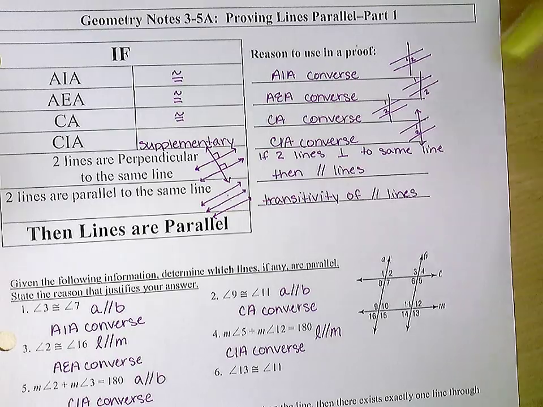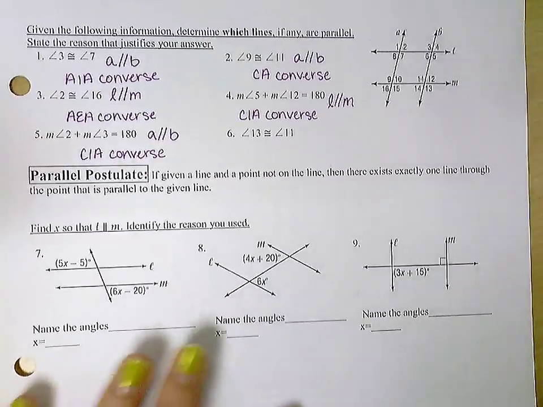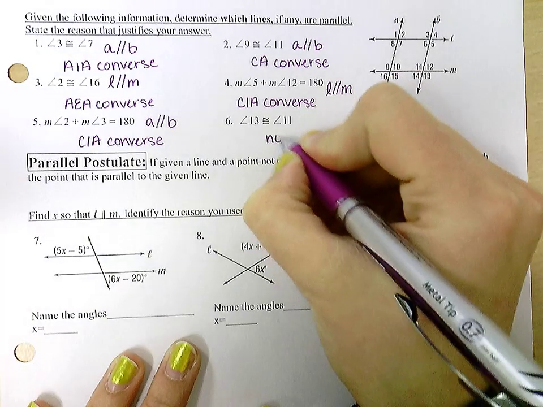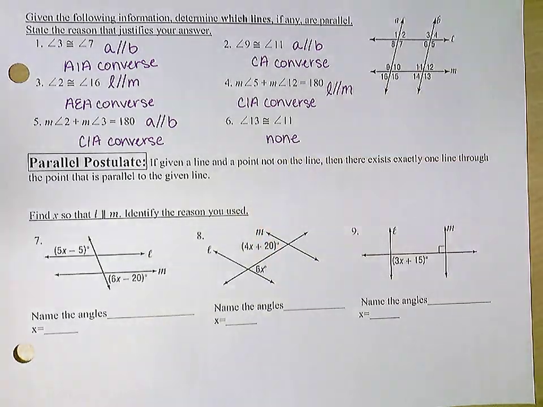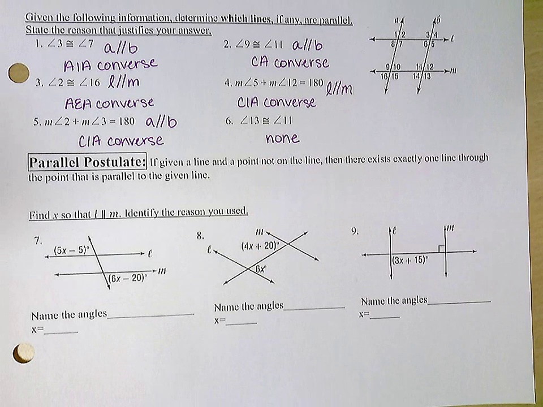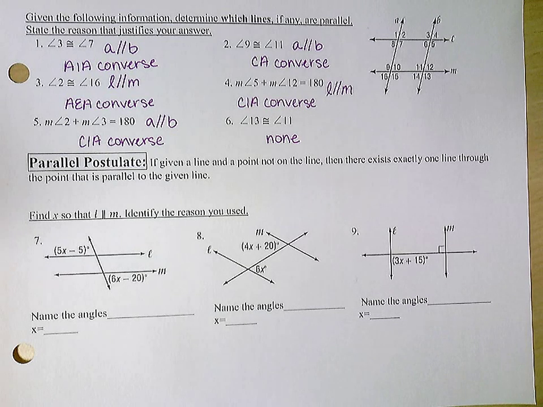No. Okay, you cannot prove lines are parallel using vertical angles. So this would be none or no. You can't prove that those lines are parallel given vertical angles. Okay, the only way to prove lines are parallel are using these converses that are at the top of your note sheet.